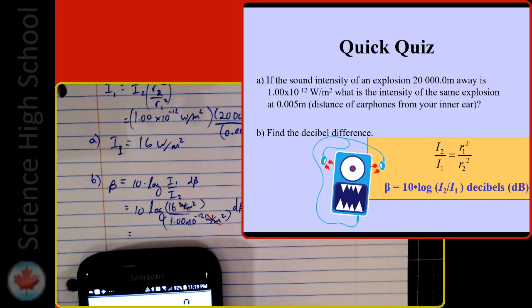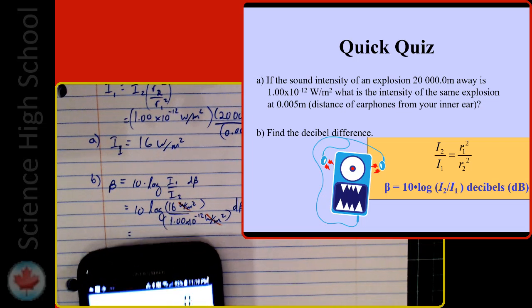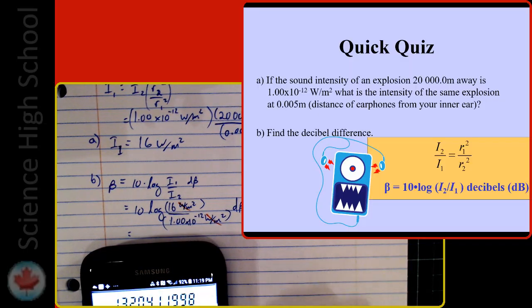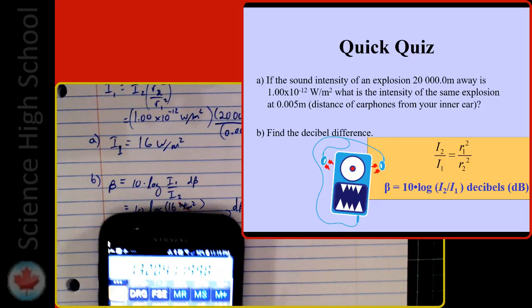All right, so 16 divided by 1.00 times 10 to the power of negative 12, close parentheses, equals, press log, times 10, equals. I hate this logic sequence.